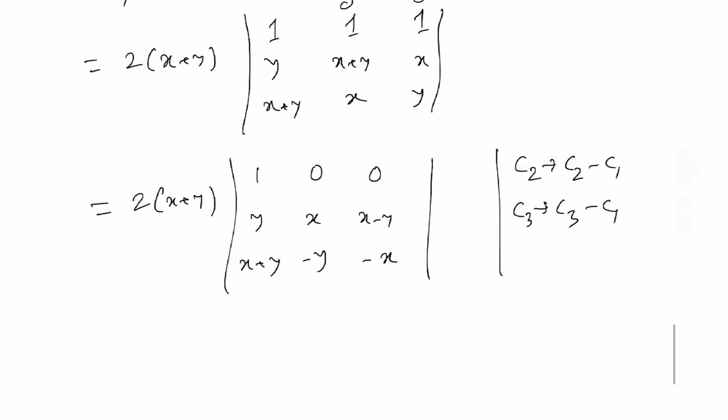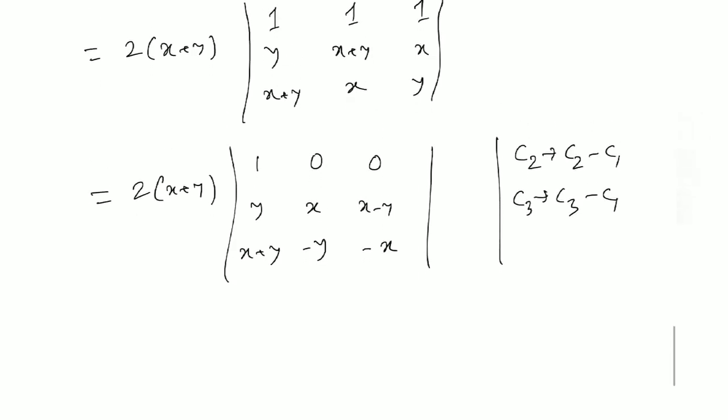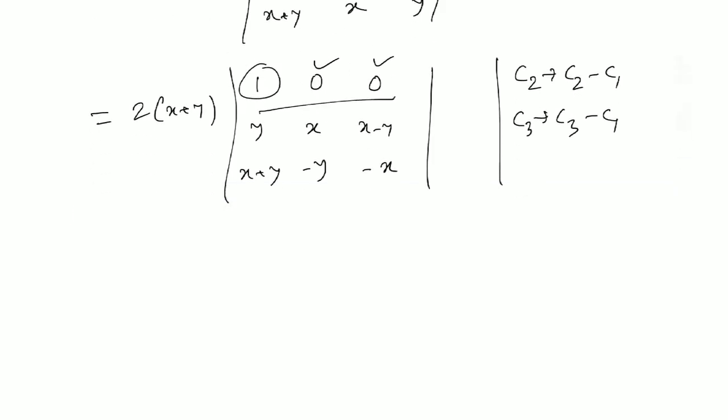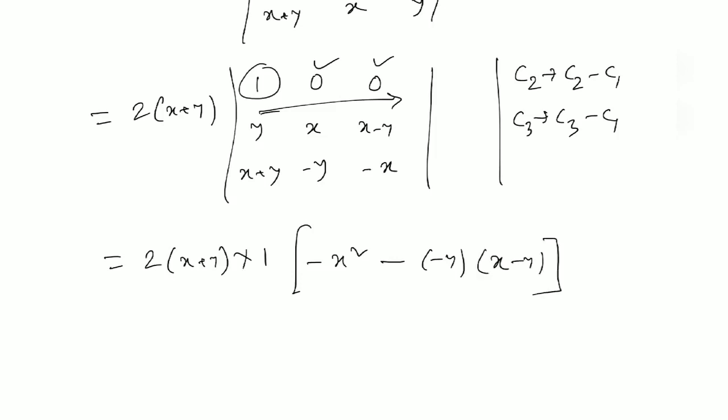Now expand along row 1. You have only one element there, and that is 1, so you will write 2 into x plus y into 1 into minus x square minus of minus y into x minus y.